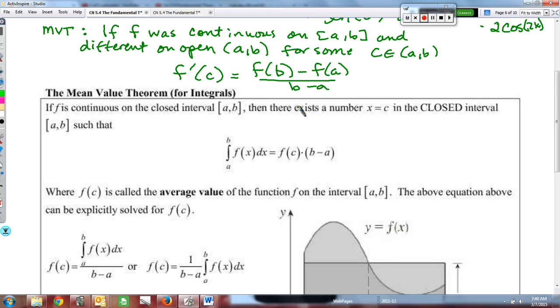So we would set up our formula and we would solve. So at some point, the average rate of change was equal to the instantaneous rate of change.